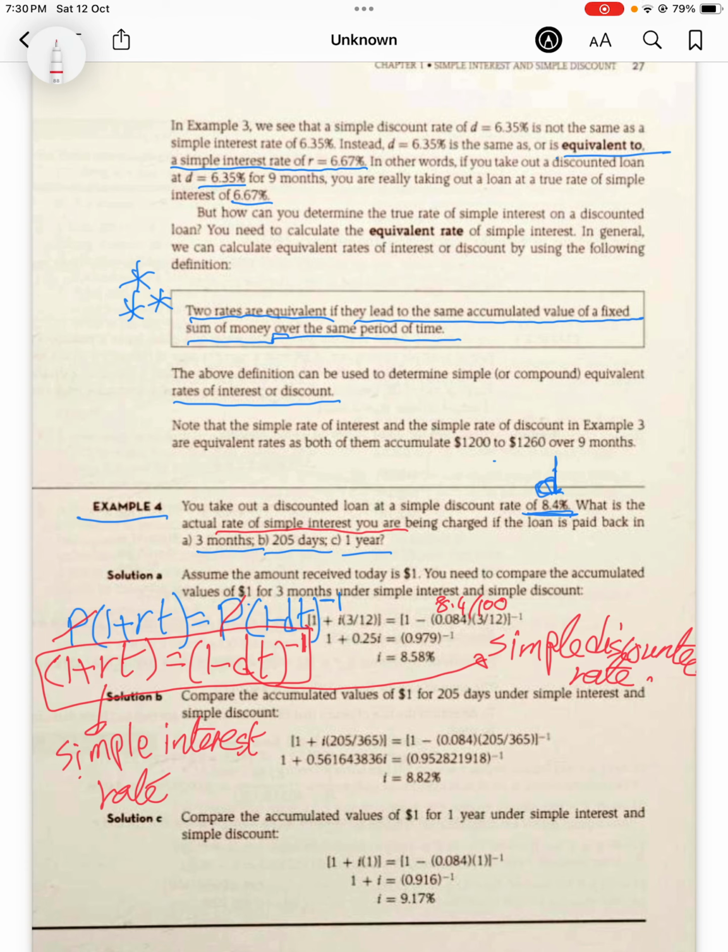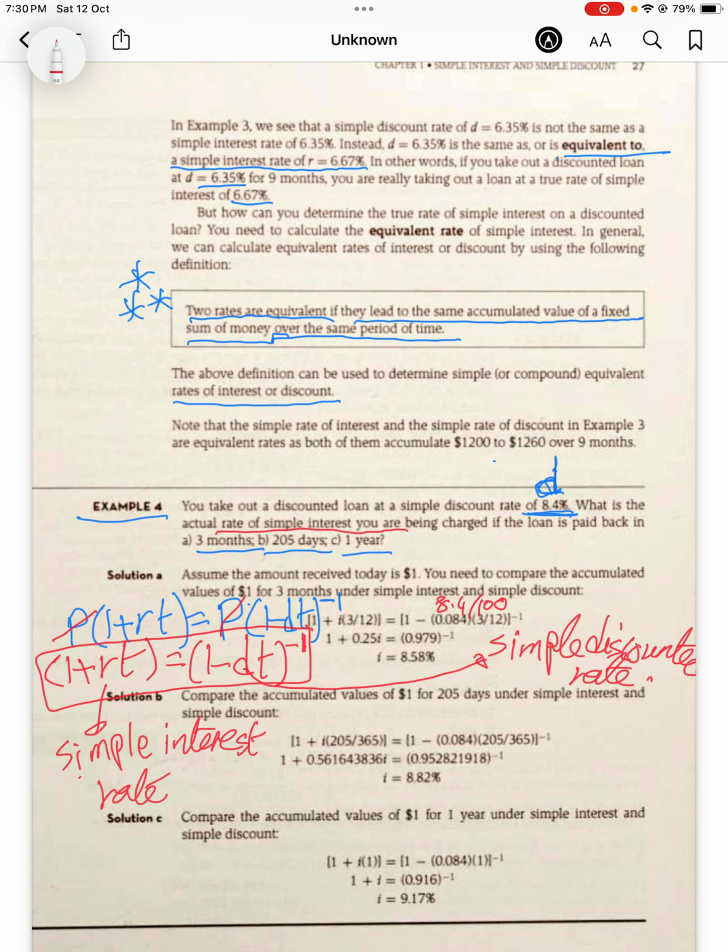And after simplification, you will have R equal 8.58. The value will be 0.0858 multiplied by 100 and put the percent.